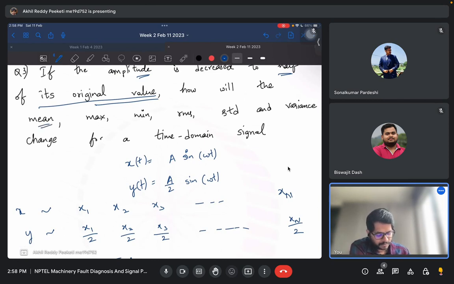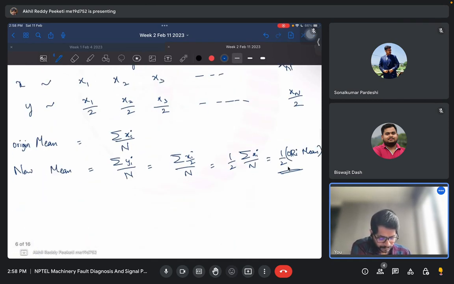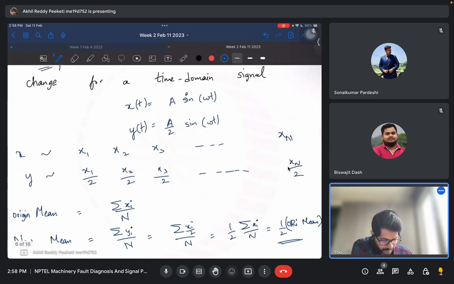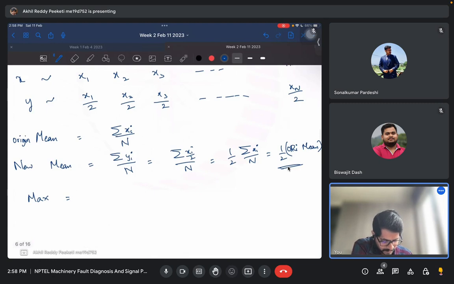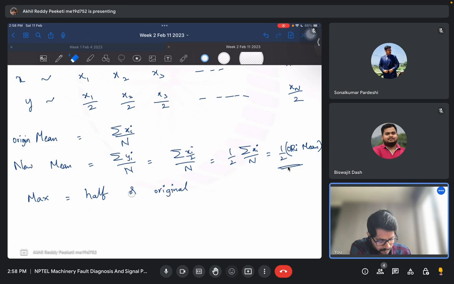What about the maximum? The amplitude becomes half, so the maximum should also become half of the original. What about the minimum?